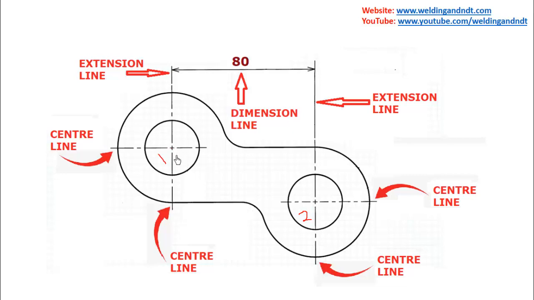From hole 1 to 2 you will draw two extension lines. From this center one extension line has been used, and from the other hole's center another extension line has been used. So this is showing the distance between the center lines of these two holes, and for showing the dimension, this arrow has been used. This arrow or dimension line has been used, and finally the dimension has been given.